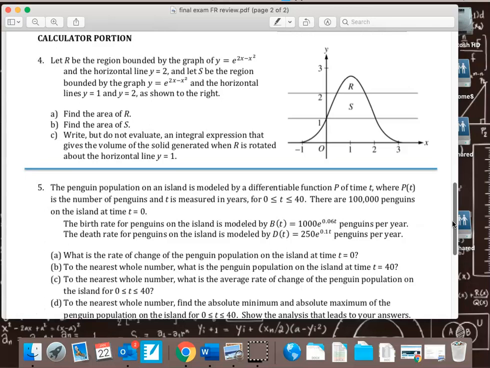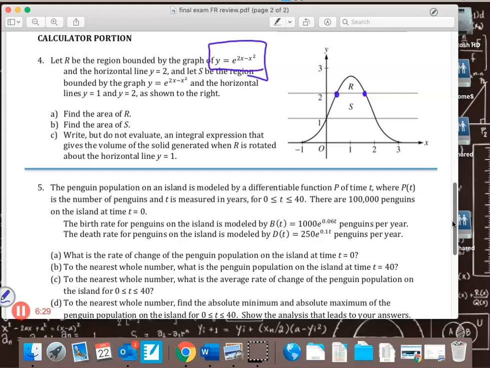Okay. All right, so for this one, I'm going to actually show you the answer key because I don't have all the decimals in my head. Finding the area of R. In order to find the area of R, you had to find this x value and this x value. So you had to find where your E function equals 2, right?